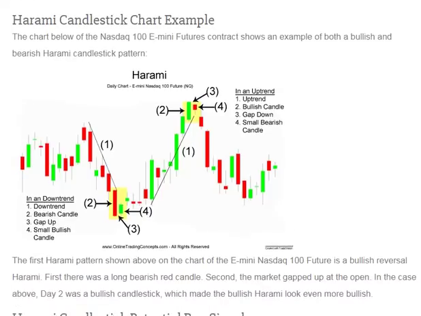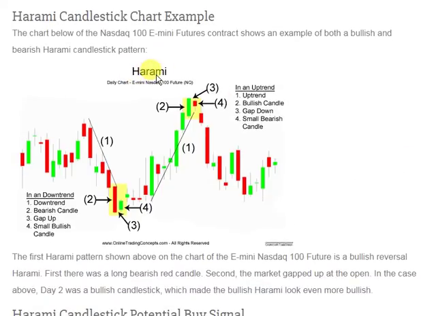And then here's some examples, guys. Remember, with Haramis, in a downtrend, they're powerful and they can show a reversal, but they're not nearly as powerful as something like a bullish engulfing candle. Haramis are actually a little more powerful up top for calling tops than they are for bottoms. So always wait for confirmation when you see one of these, just to make sure that it is going to move.